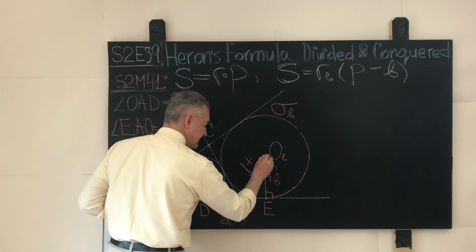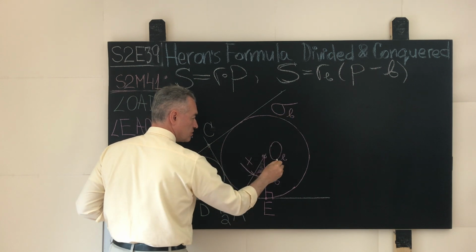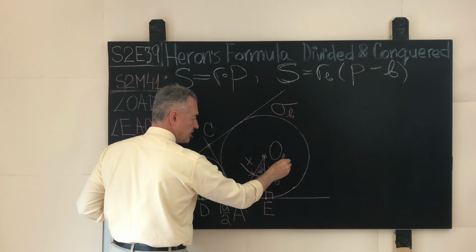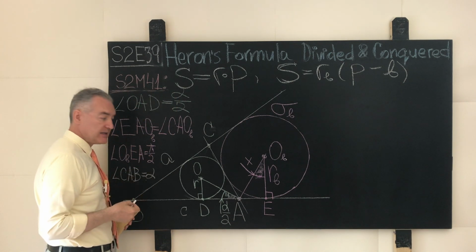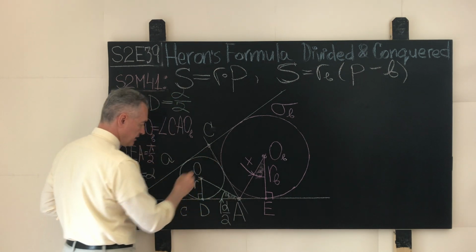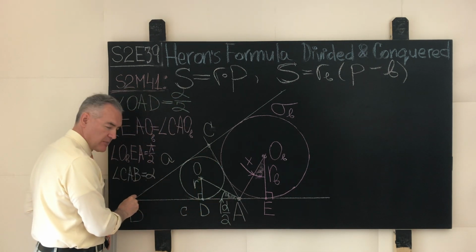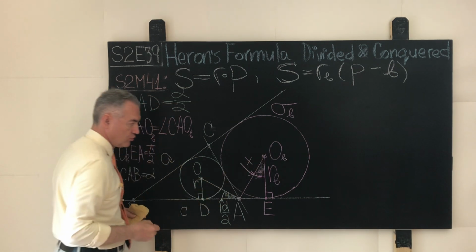We know that the center of that ExCircle, sigma B, or the point OB, is located where? At the intersection of the angular bisectors of the exterior angles at A and at C, and of the angular bisector of the interior angle at B, not shown over here.